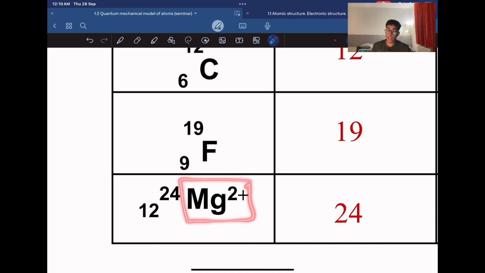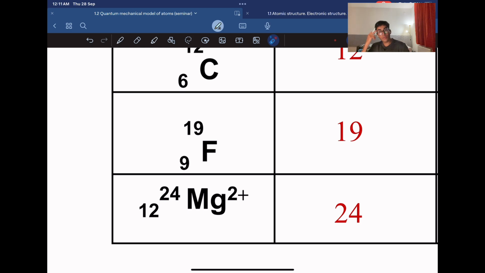Whenever you see Mg2+ or Cl-, for example, don't think that the mass number and atomic number will change because the element has a charge. The mass number and atomic number of the ion will be the same as if it were an atom.